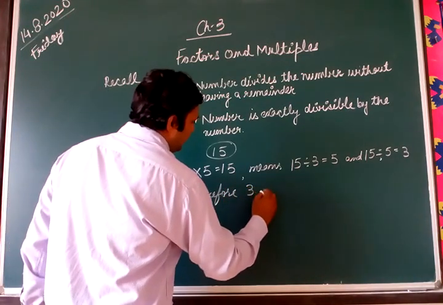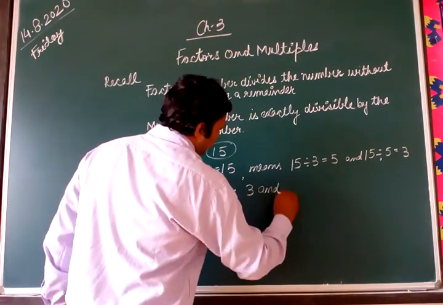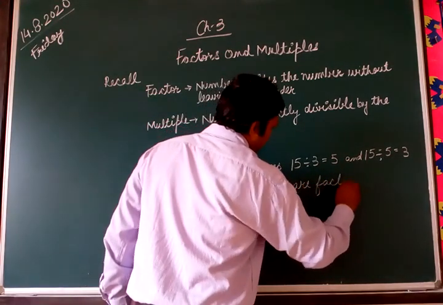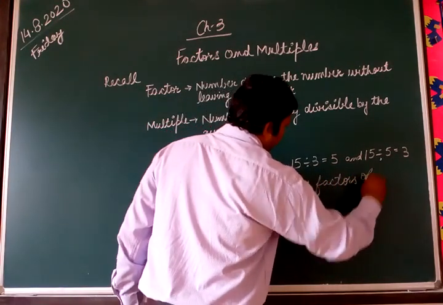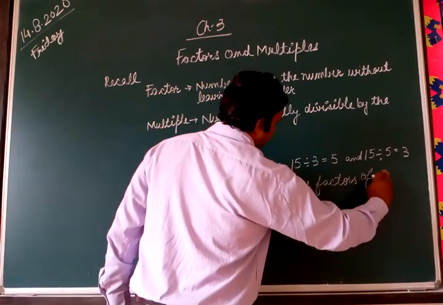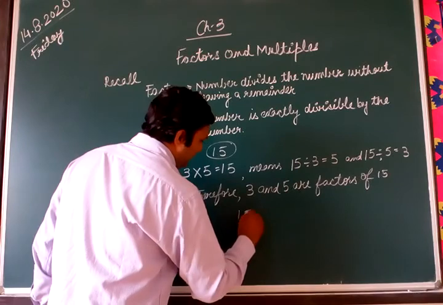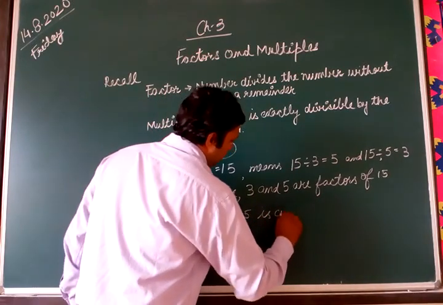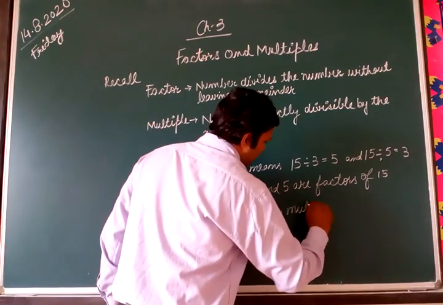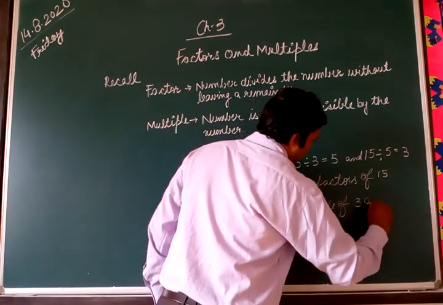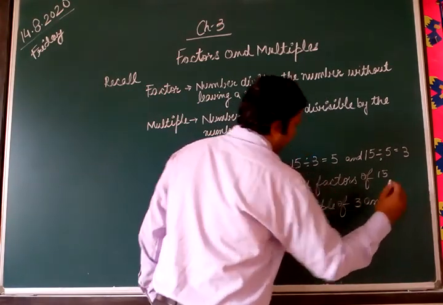Therefore 3 and 5 are the factors of 15, and we can say that 15 is a multiple of 3 and 5.